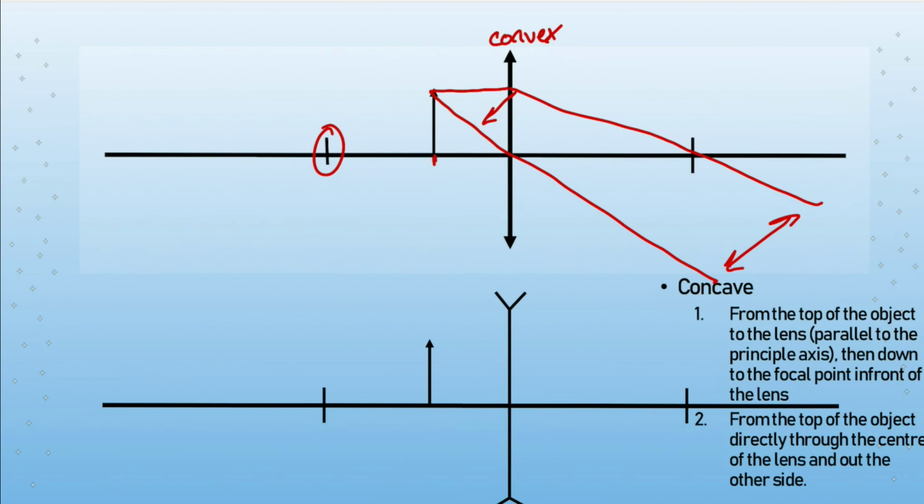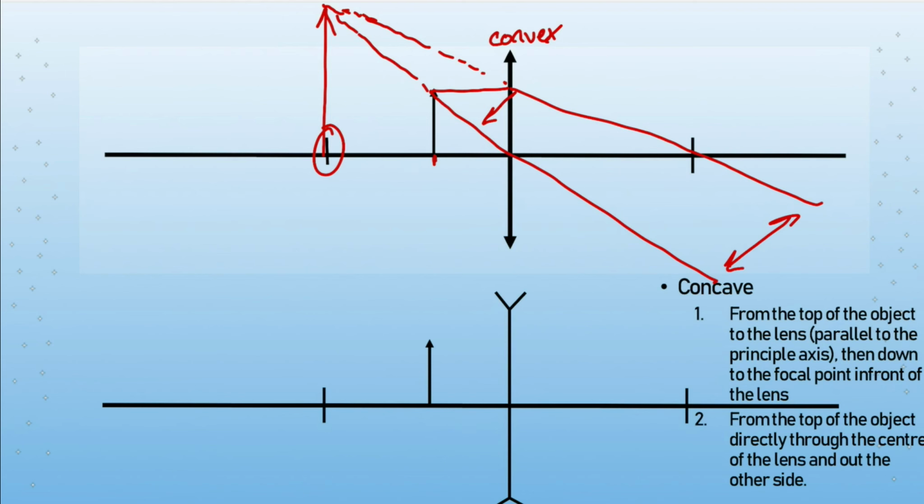And so for this case, what you actually have to do is track them backwards from the lens, find a point at which they then intersect. It's very poorly drawn, and when they intersect, then you draw the image again. But this image is formed on the wrong side of the lens, so we're not able to project it upon a screen. And if you're not able to project it upon a screen, you're creating a virtual image.